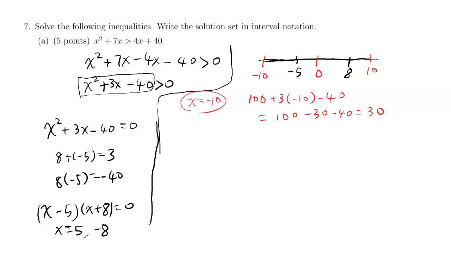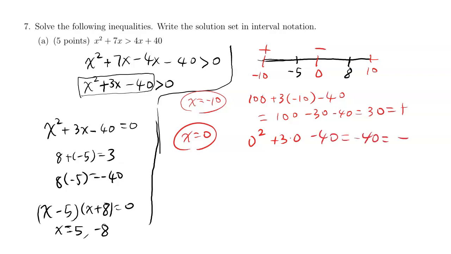So that's a plus. When you plug in 0, well, 0 squared is 0. 3 times 0 is 0 minus 40. That's just -40, and that's negative. When you plug in positive 10, 10 squared is 100. 3 times 10 minus 40. So again, that's 130 minus 40, which is 90, and that's plus.